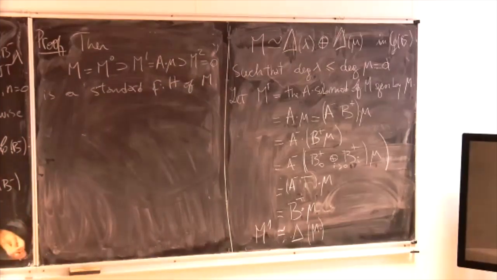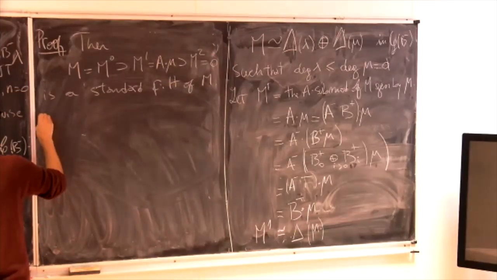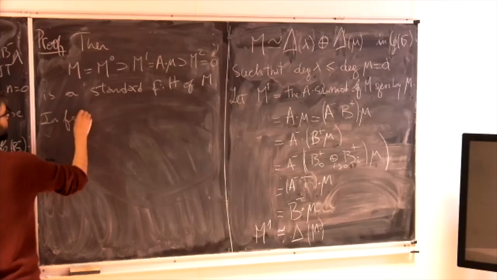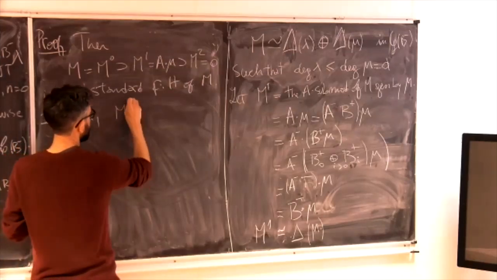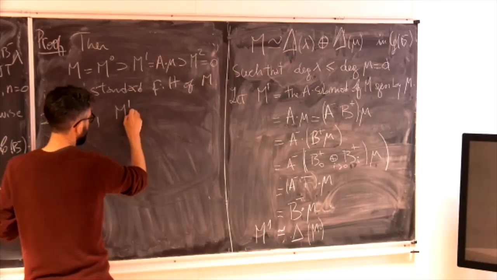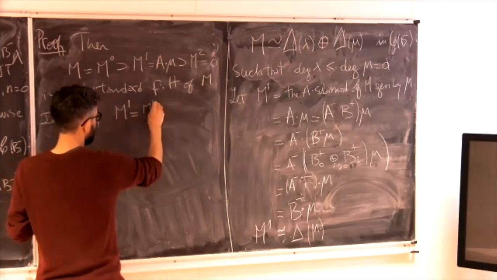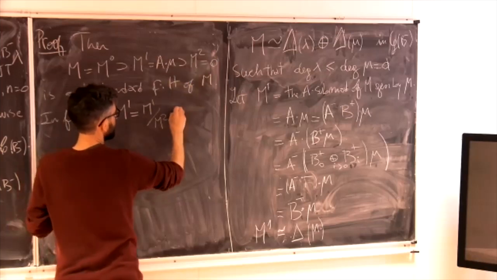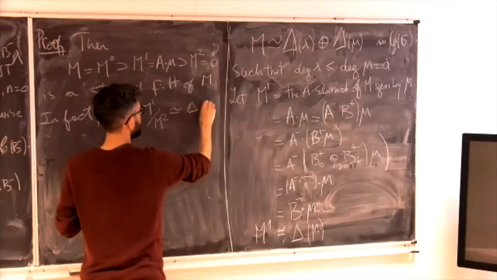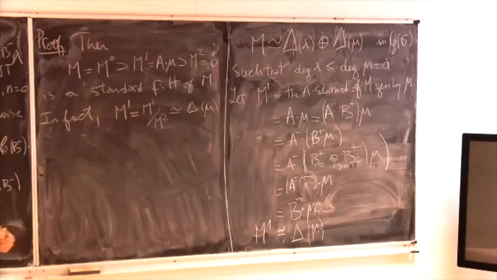And I will be a little bit more precise. In fact, m1, which is the same as m1 quotient by m2, because m2 is 0, is isomorphic to delta mu. That is what we proved.